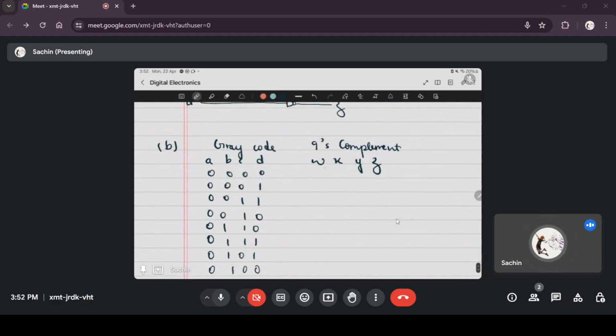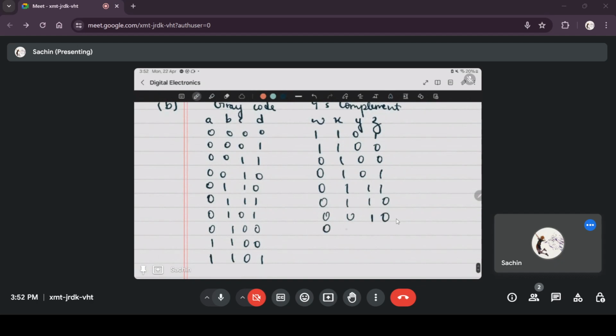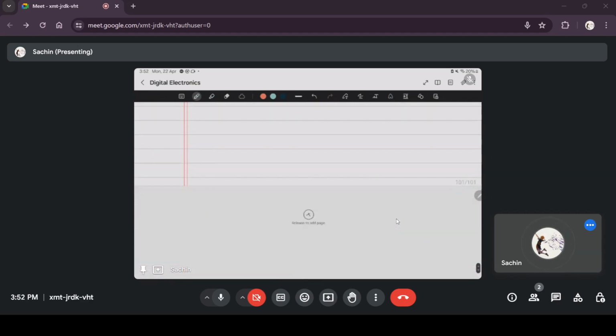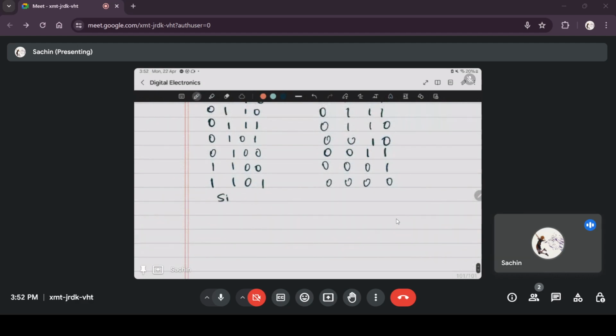And the corresponding ninth complement will be listed. Next we simplify using K-map.